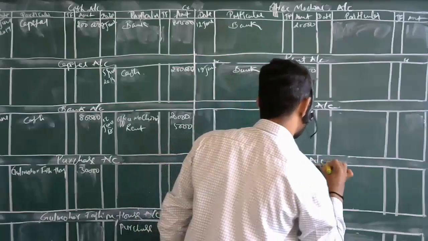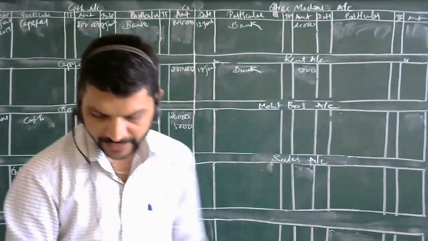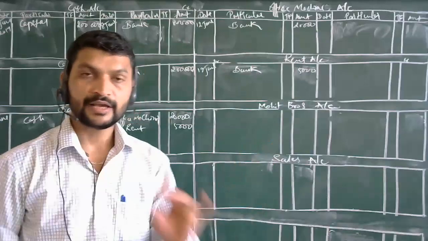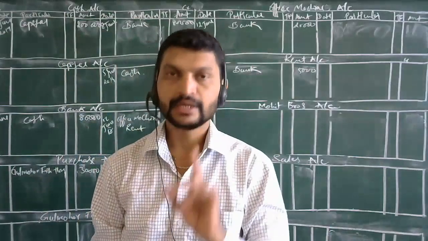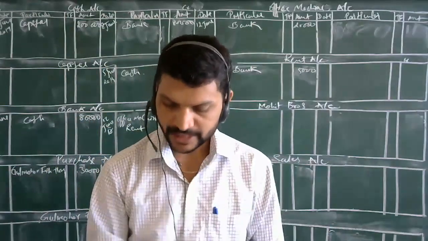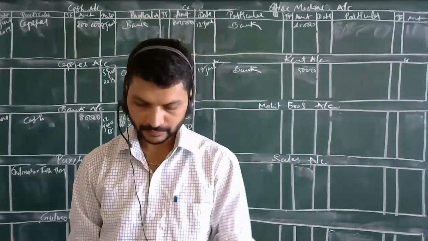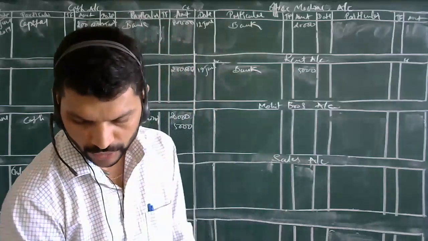Now Mohit Brothers account is debited here. Remember this. Mohit Brothers account debit to sales account. Amount is 10,000 rupees. Goods sold on credit. The narration is goods sold on credit.